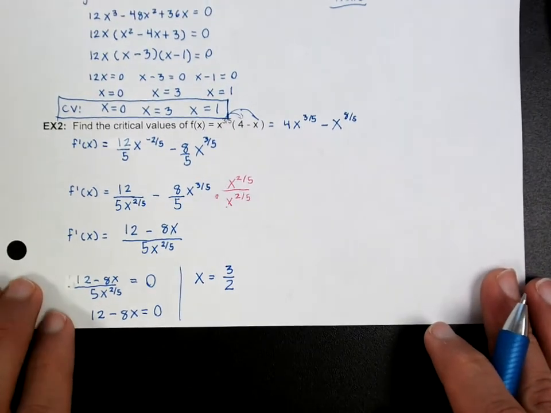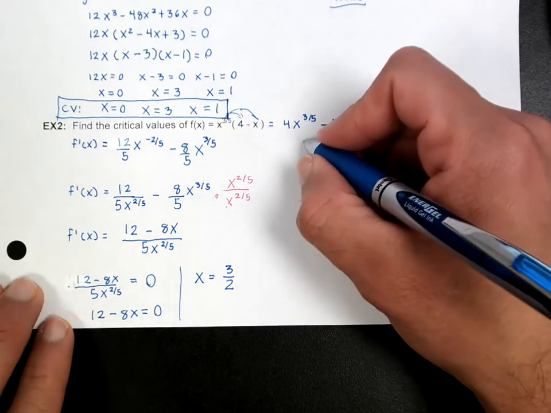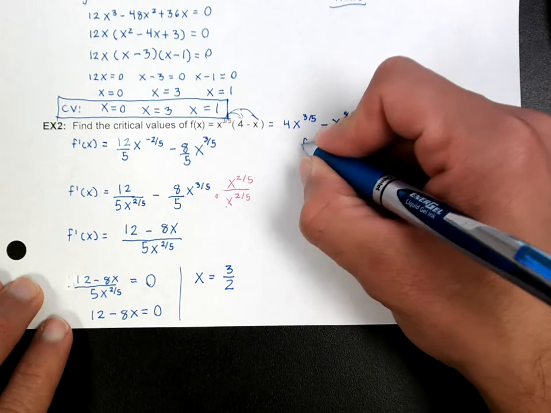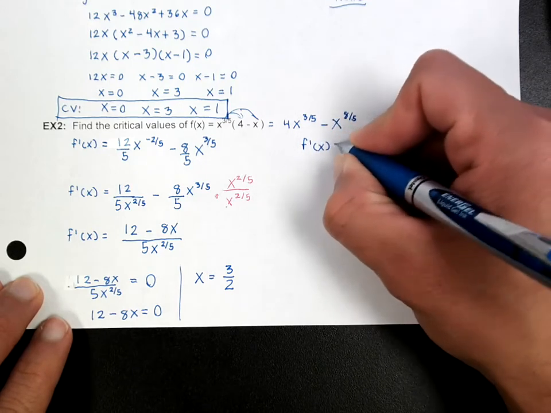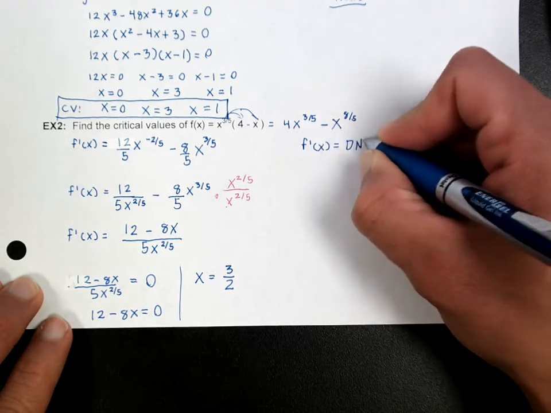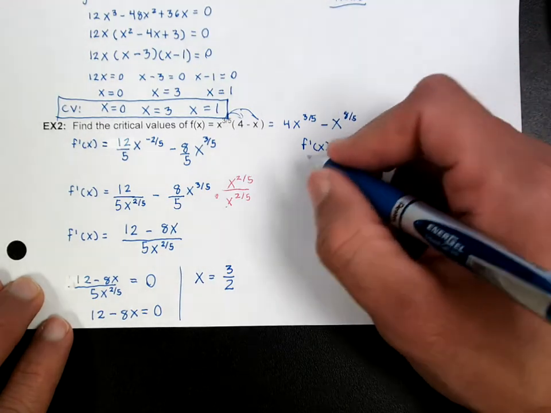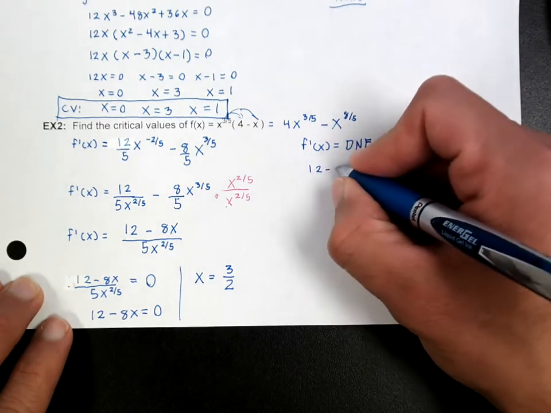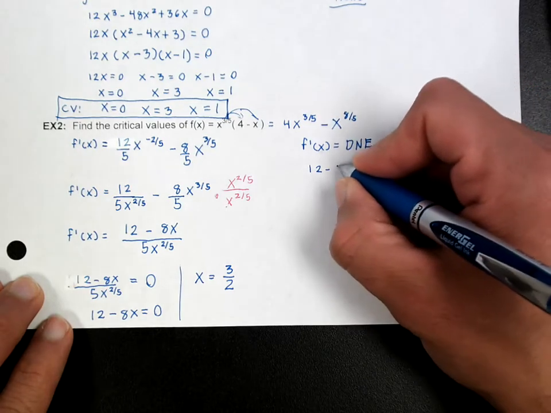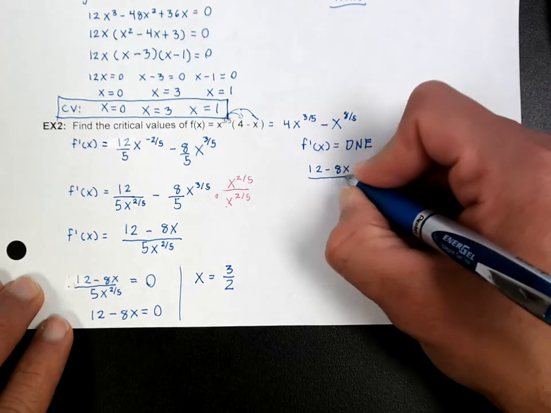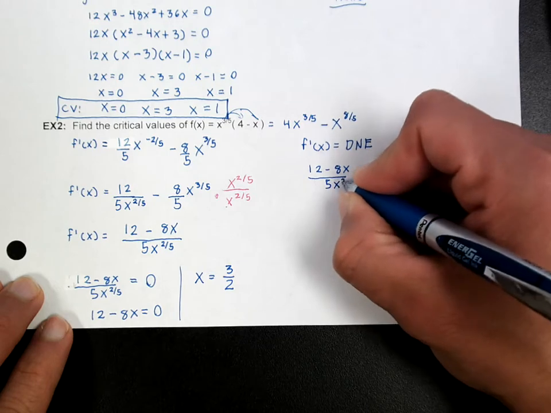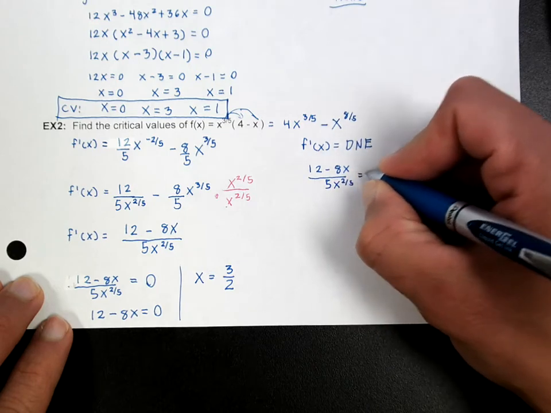Now, on the other side, I also have to set my derivative. Don't forget, I have to figure out where my derivative does not exist or is undefined. Okay, so same idea, really. I can set this equal to 1 over 0.